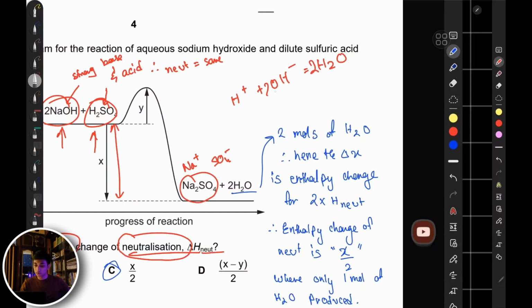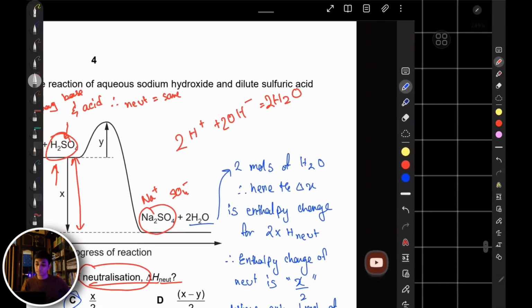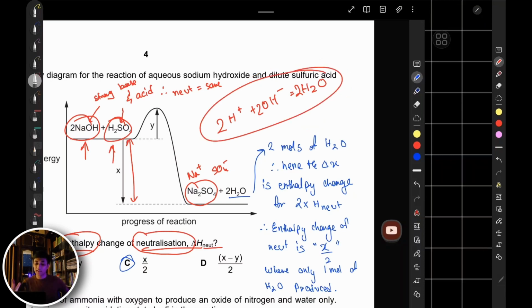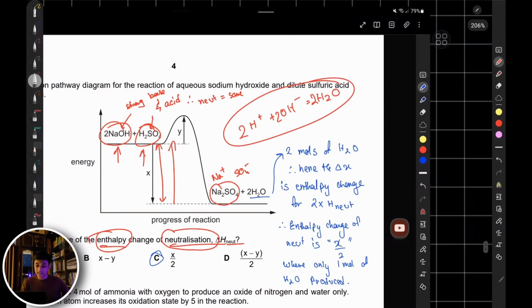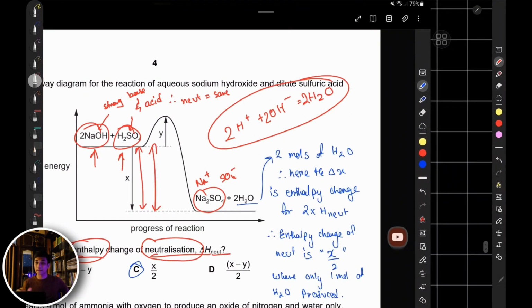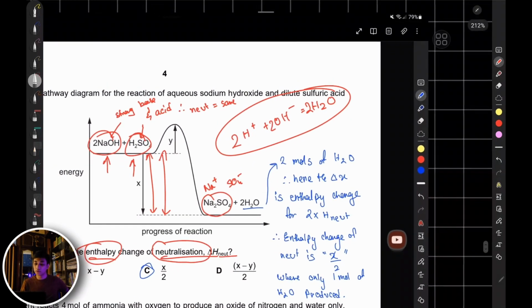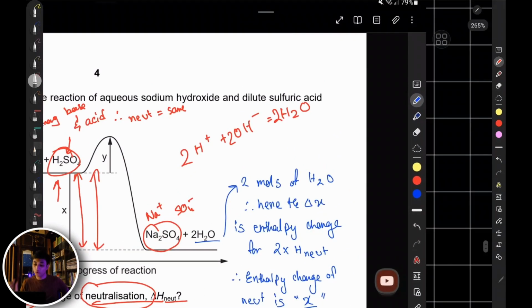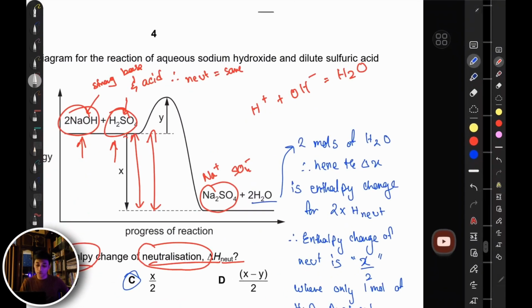So from this reaction only, you will get the enthalpy change, or X. But you don't want X. What do you want? You want just the enthalpy change of neutralization, which is for 1 mole of water. So it's going to be X divided by 2.